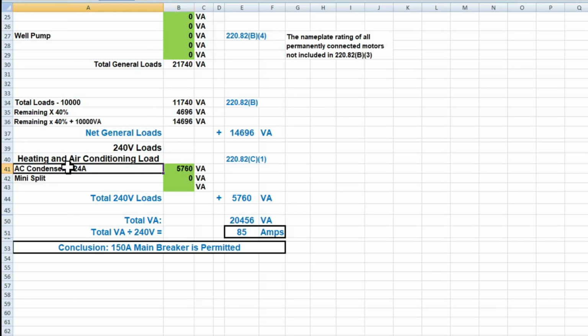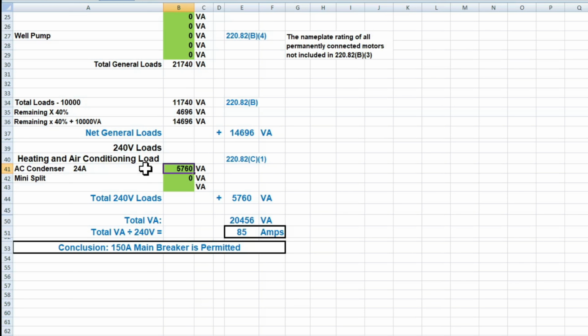The AC condenser is on a 30 amp circuit. So I took 80% of that, and that's 24 amps, and multiplied that times 240 and came up with the 5760. The reason I did that is, as we know, those units have to be on a circuit that is rated 125% of the maximum current. 125% is for continuous loads, and that's a load that runs more than 3 hours.